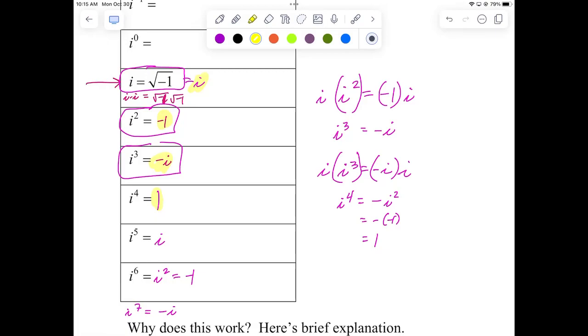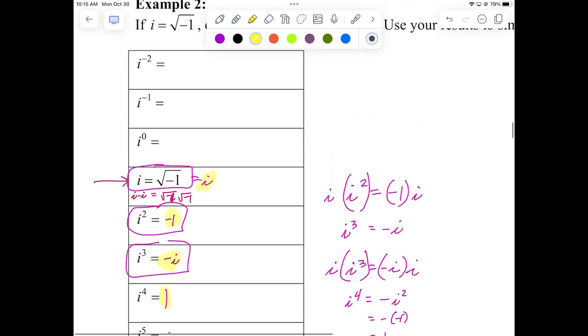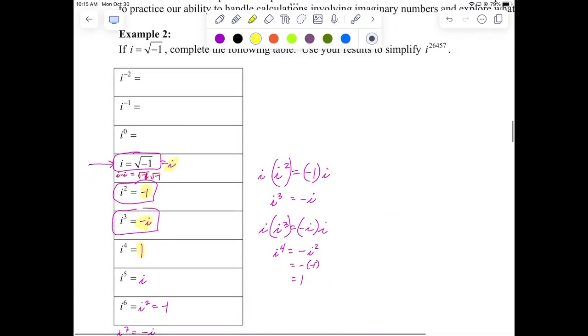What about going backwards, Aiden? What do you think i to the 0 is going to be? It should be 1, which is the same as i to the what below? i to the 4th, right? What should i to the negative first be? Negative i.